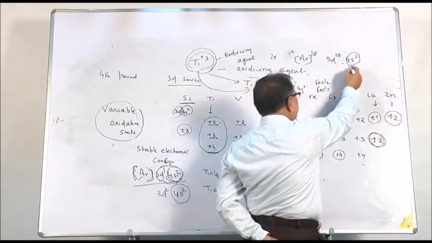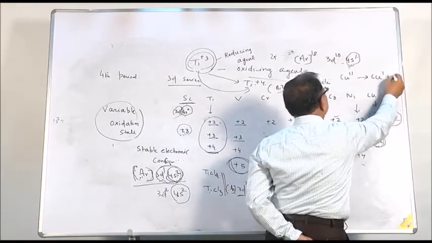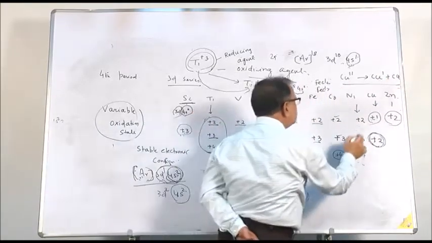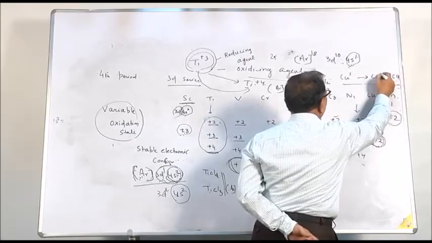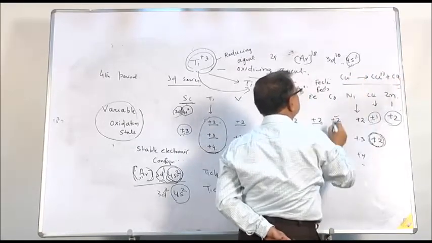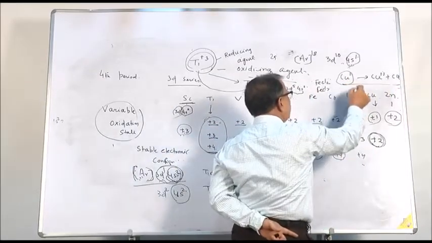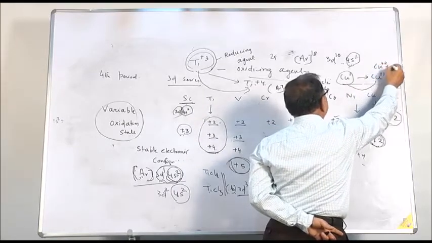Due to disproportionation, copper 1 in aqueous solution changes to Cu +2 plus Cu0.